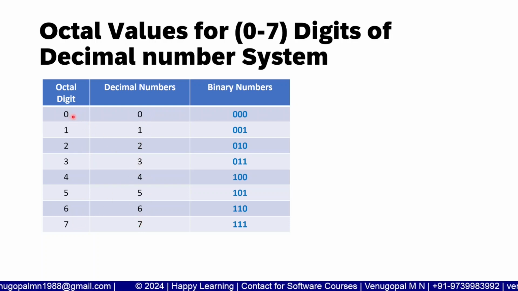But if I have to represent this octal number in an equivalent binary form, 0 is represented as 000, 1 is represented as 001, 2 is represented as 010, 3 is represented as 011, 4 is represented as 100, 5 is represented as 101, 6 is represented as 110, and 7 is represented as 111. Got it?